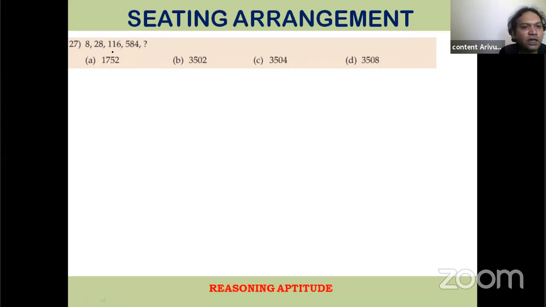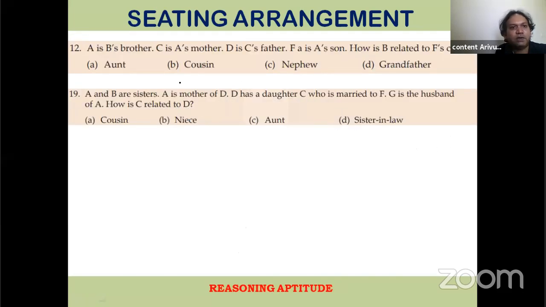Now there's one doubt from number series. I'm taking up all the doubts from the previous chapters today. Question number 12, what is the problem? Just now I discussed question number 12. A is B's brother. So B has a brother A. C is A's mother. D is C's father.